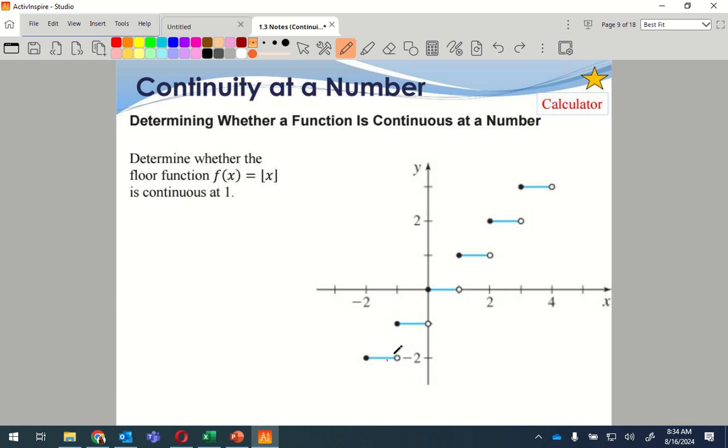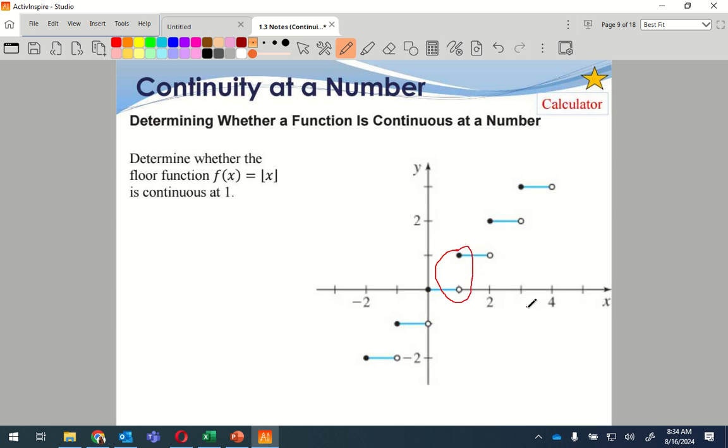So it's always going to be steps like this. If you notice, before it actually gets to the number 2, it is an open dot because it is approaching that number. But once we get to 2, it is a solid dot because that's when it's at the next number. So the left side approaches this, or the right side goes to this. So is it continuous at the number 1?